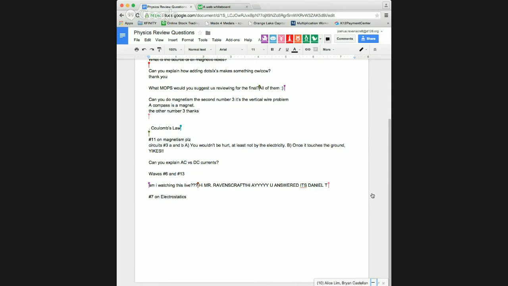Let's see. AC versus DC. So everything that runs off a battery uses direct current. Alternating current is what you plug into the wall. It's what we plugged into with the household electricity unit.